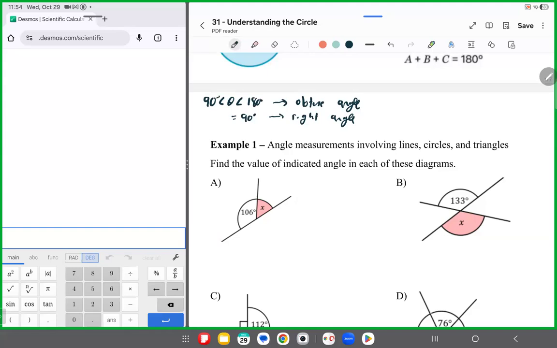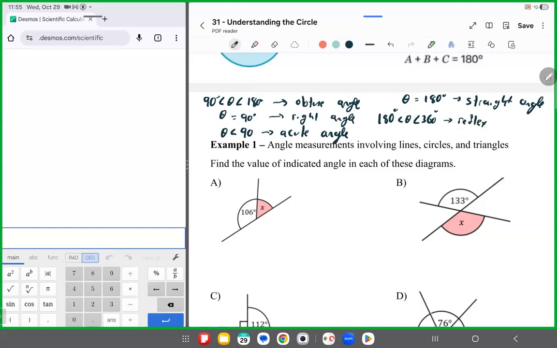If your angle is less than 90 degrees, this is called acute. If your angle is equal to 180 degrees, we call this a straight angle. And if your angle is between 180 and 360 degrees, we call this a reflex angle.